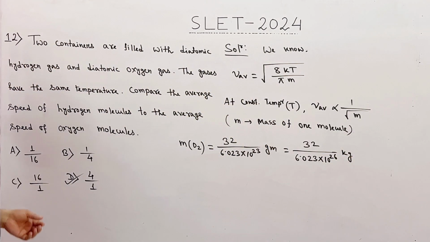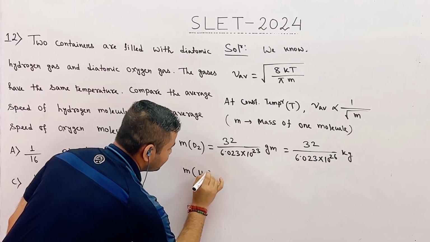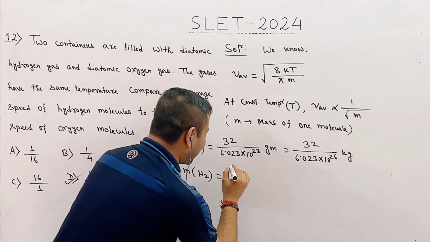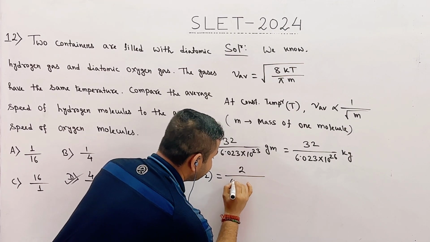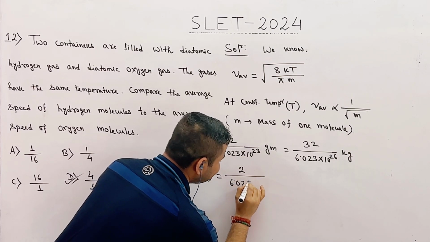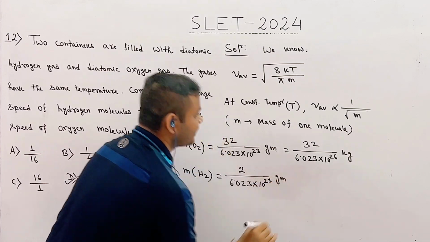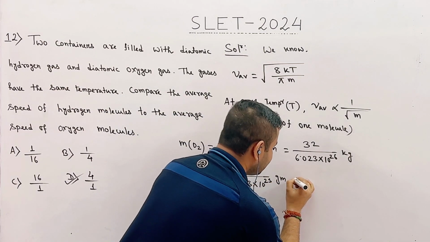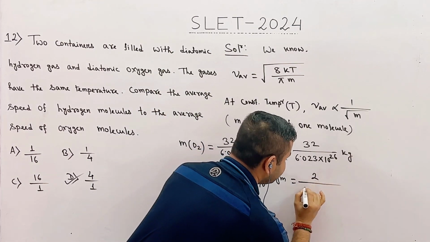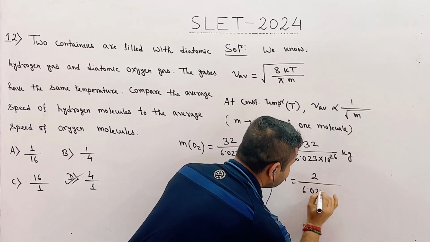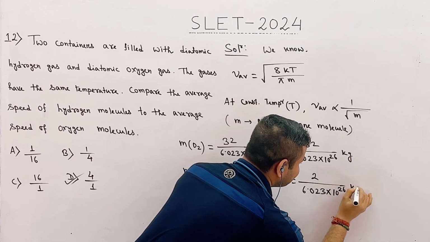Next, let us find out the mass of one hydrogen molecule. The mass of one hydrogen molecule will be 2 divided by Avogadro's number 6.023 into 10 to the power 23 gram. In terms of kg, the mass of one hydrogen molecule will be 2 divided by 6.023 into 10 to the power 26 kg.